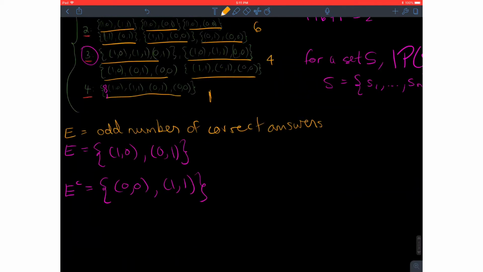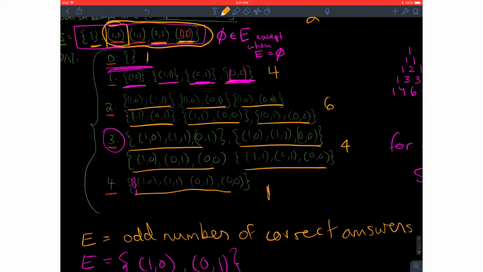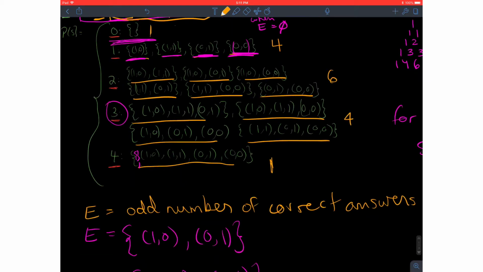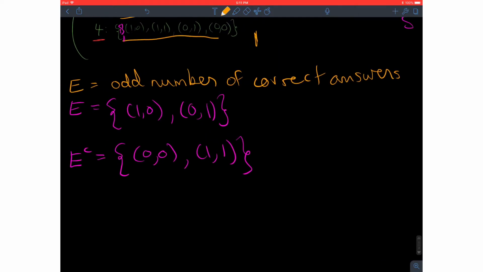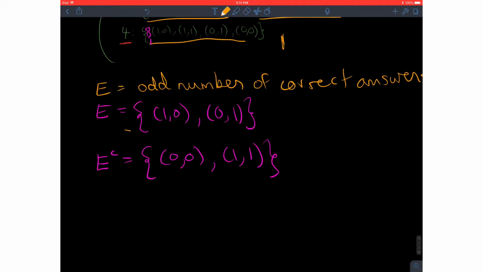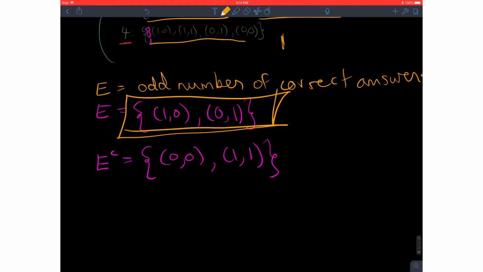Okay, so how is it that this power set, and the sigma algebra, which is a subset of it, help us define our events? Let's look at this. E equals an odd number of correct answers. That corresponds specifically to this set, because you either got the first right and the second one wrong, or the first wrong and the second one right, because any other answer would be even.